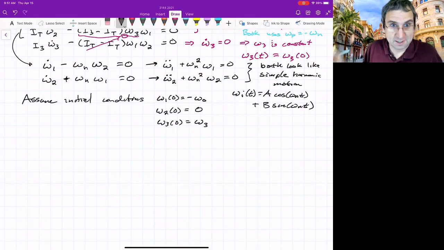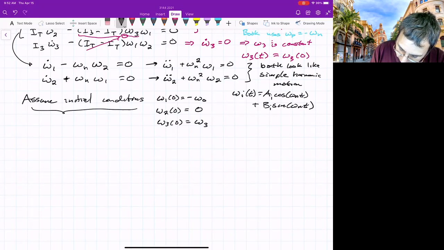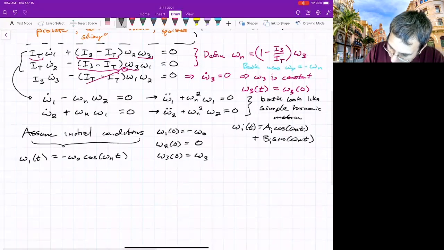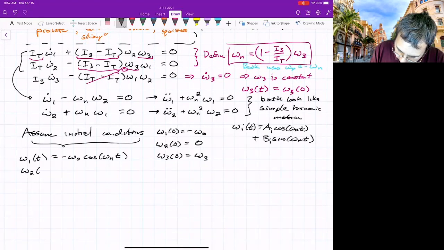It's just a constant. Solving for A and B, my solution is omega 1 as a function of time is negative omega naught cosine omega n t. Keep in mind what omega n is. Omega 2 of t equals omega naught sine omega n t.